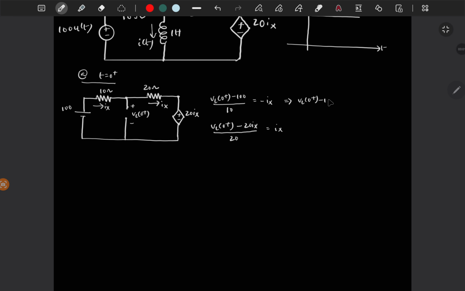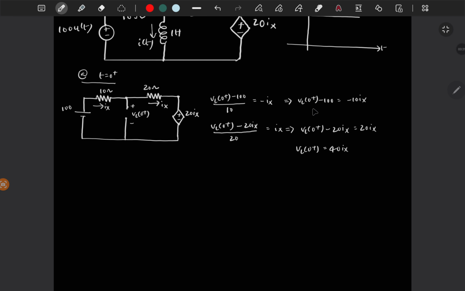So if you find that, VL of 0 plus minus 100 is equal to minus 10 ix, VL of 0 plus minus 20 ix is equal to 20 ix. So VL of 0 plus is equal to 40 ix.